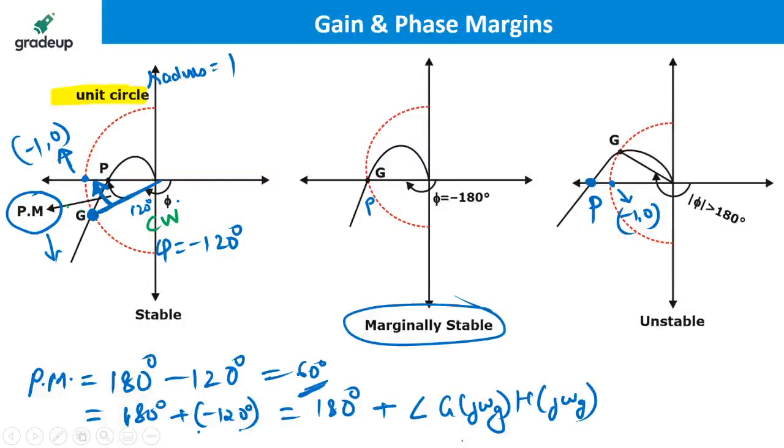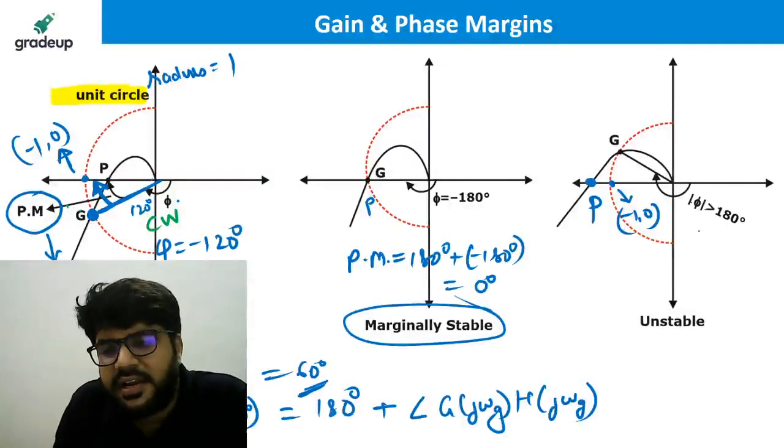Now suppose what will be the phase margin for the second case? It will be 180 degree plus the phase, which is minus 180 degree, and that is 0. Here there is no margin. For the third case, because you have moved it more, the mod of the angle is greater than 180 degree.